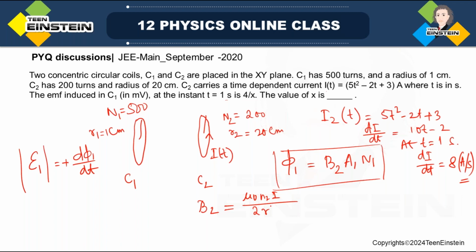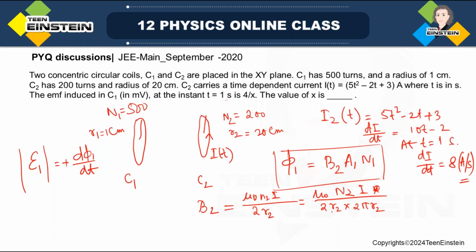So this I can further write as mu 0 n2 I divided by 2 R2, and I have to actually divide by 2 pi R2 again.